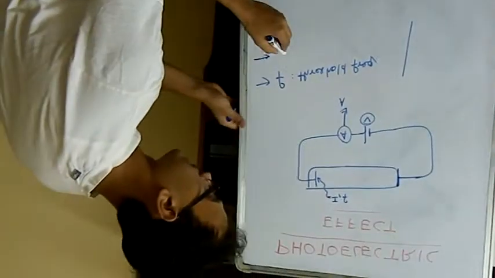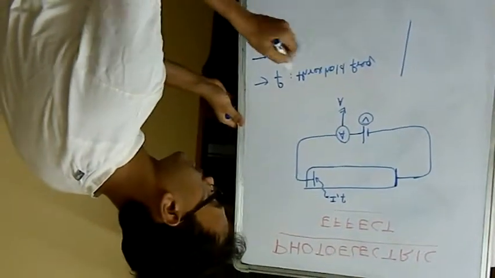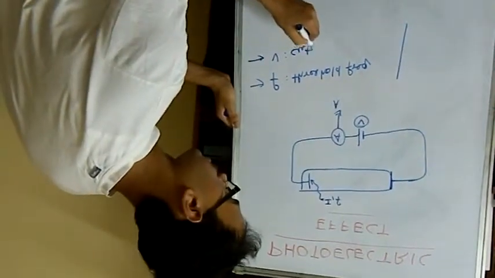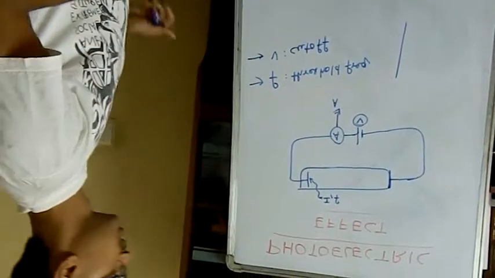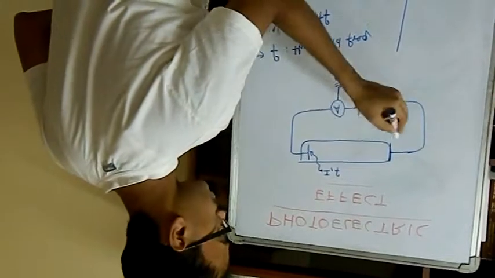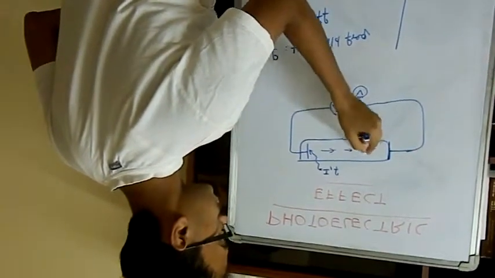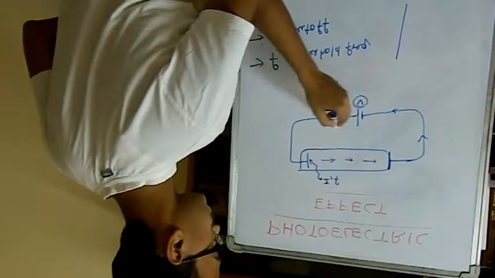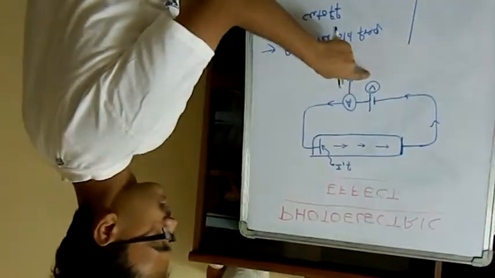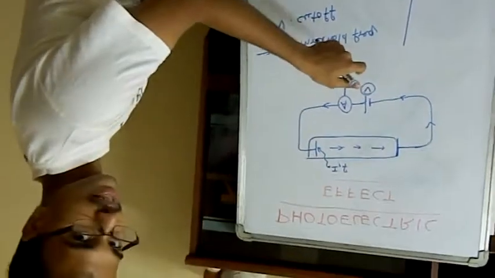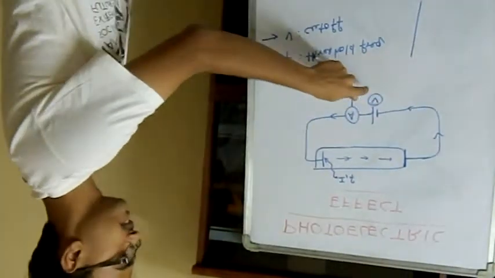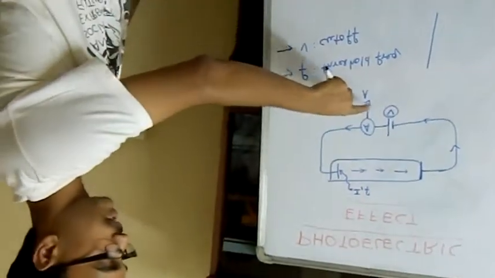Second, there is a voltage called the cutoff voltage. This is the direction of motion of the current. When a negative voltage V is applied, the photocurrent decreases to a certain point where the photocurrent becomes zero.